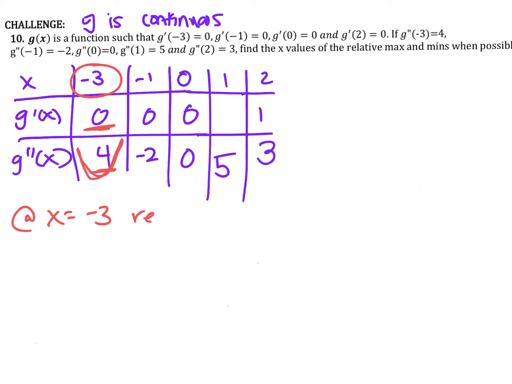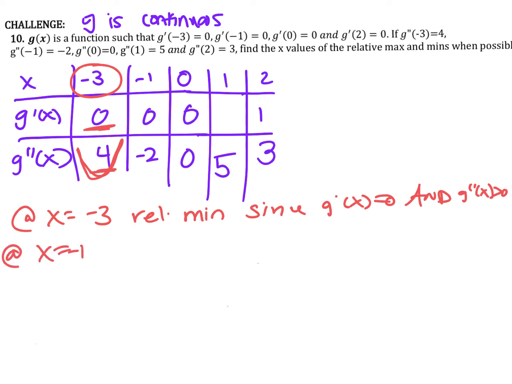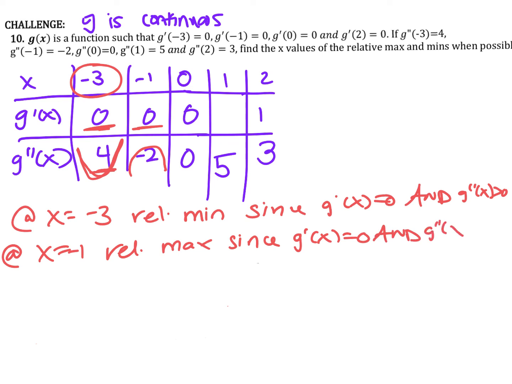So we have a relative min, since g prime of x is 0 and g double prime of x is positive. At x equals negative 1, the first derivative is 0 and the second derivative is negative, so we have a relative maximum since g prime of x is 0 and g double prime of x is less than 0.